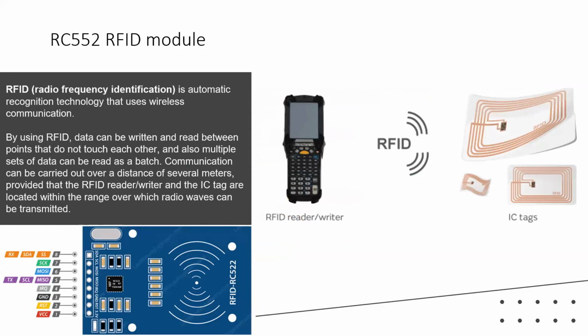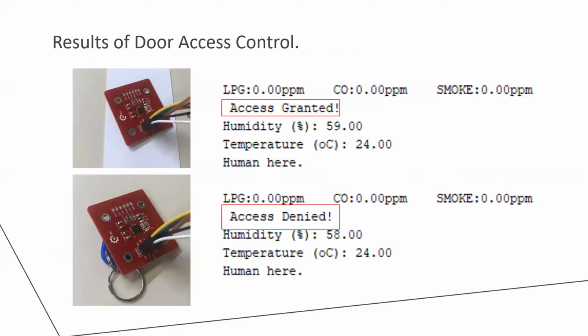Next we use an RFID module to identify if it is an authorized operator of the gripper. So here are the results.